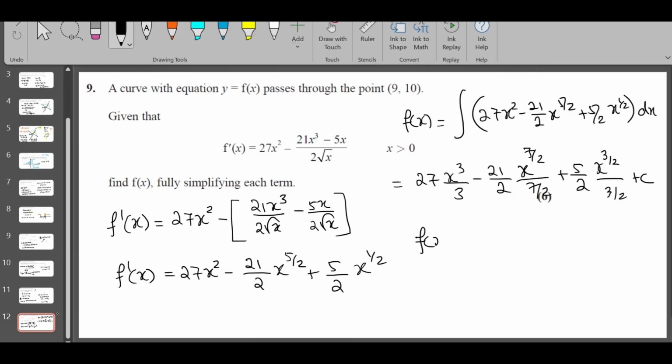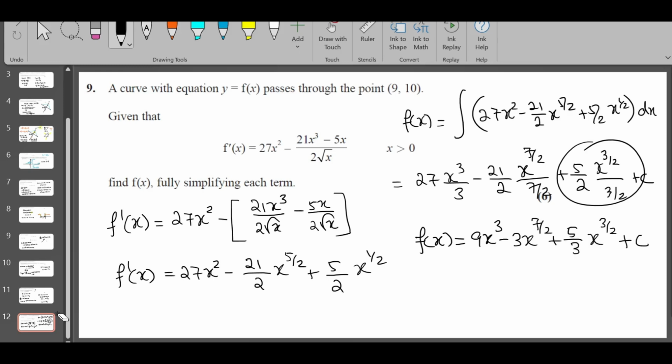So f of x is equal to 27 over 3 is 9x cube, and then here we have 21 over 2 times 2 over 7. That's just minus 3 x power 7 over 2. Here you have 5 over 2 times the reciprocal of the fraction, so it's going to be 5 over 3 x power 3 over 2 plus c.